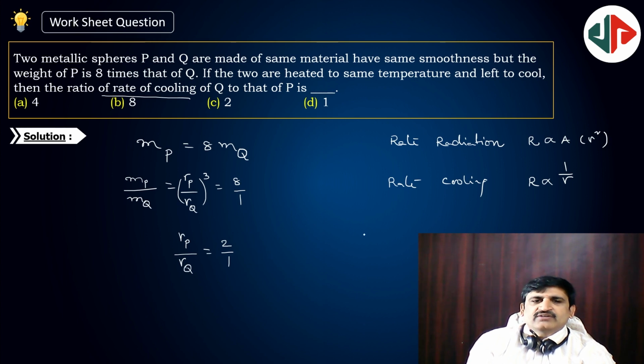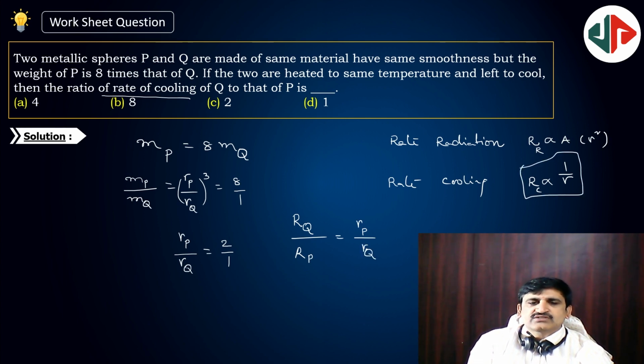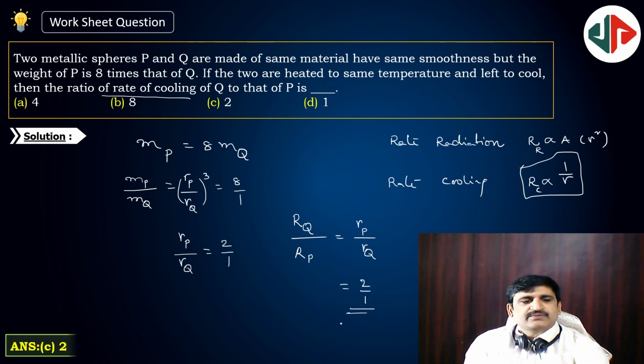Now rate of cooling of Q to that of P. This is cooling, this is radiation. The rate of cooling is inversely proportional to R, that means RP by RQ. This formula you have to use. So that is equal to 2:1 only. So 2 is the answer, option C.